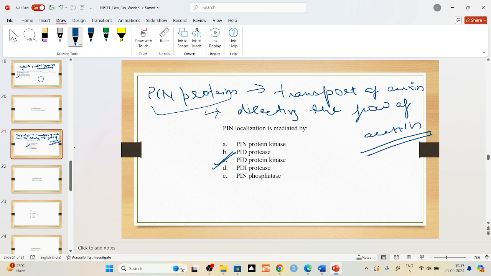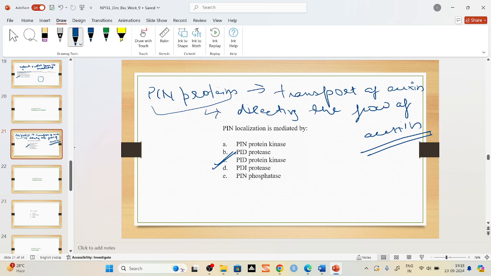So up till now we understood what PIN proteins are. PIN proteins help in the transport of auxin, and they direct the flow of auxins, and ultimately by directing the flow of auxins they influence processes such as cell elongation, tissue patterning, and organ development.